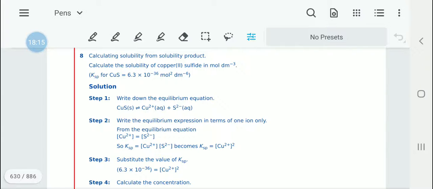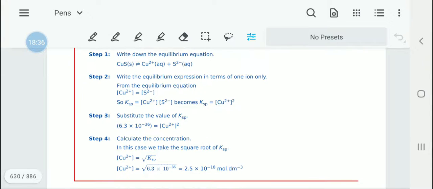So we start off with the equilibrium equation: CuS, Cu2+, S2-. So we know that the copper concentration is equal to the sulfide concentration. So then it is going to be Ksp equals Cu2+ squared. It is the same thing actually.